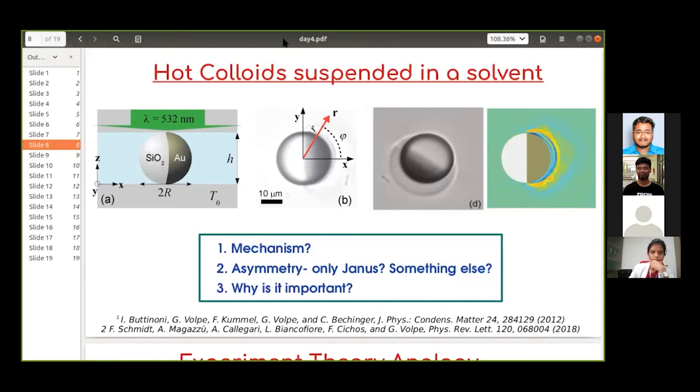And before I move on, let me show you one video from the experiment, which shows how this active particle moves.